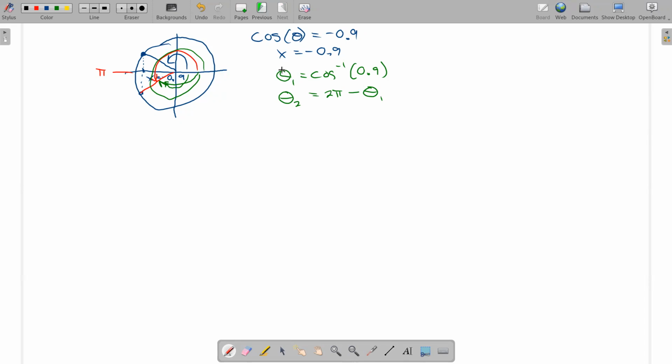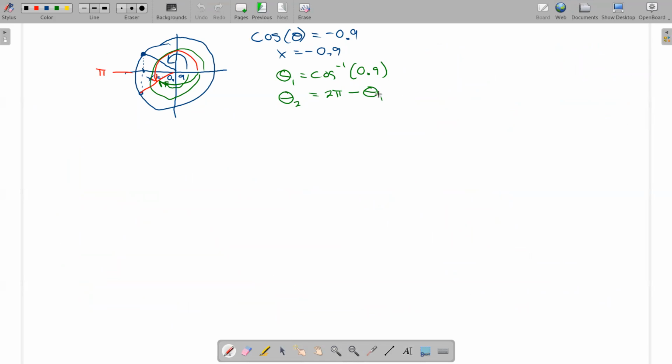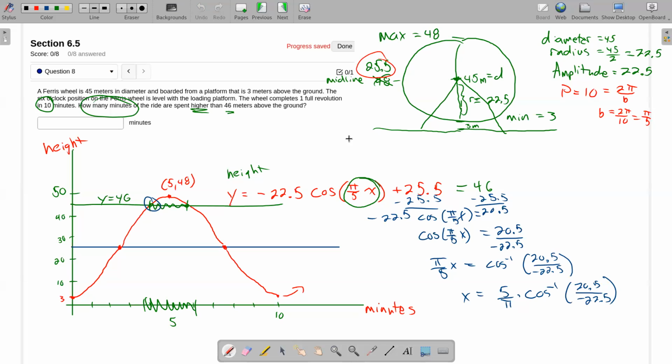Now, to translate back to our problem, notice I don't have any pi over 5 here, so the angle I'm talking about is this whole thing right there. When I use the 2 pi minus, I have to think about that in context. So for my second time, it's going to be 2 pi minus my angle 1, and my angle 1 is this part right here.